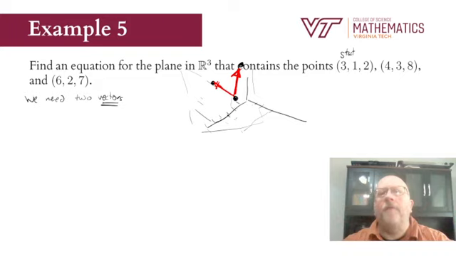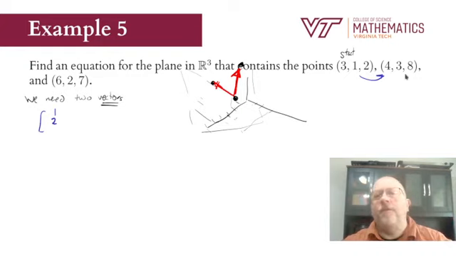And the coordinates of the vectors are the displacement between the start and the end point. So the first vector, in the x direction, we go from 3 to 4. That's 1 unit in the x direction. In the second coordinate, that's 1 to 3. That's 2 units in the y direction.